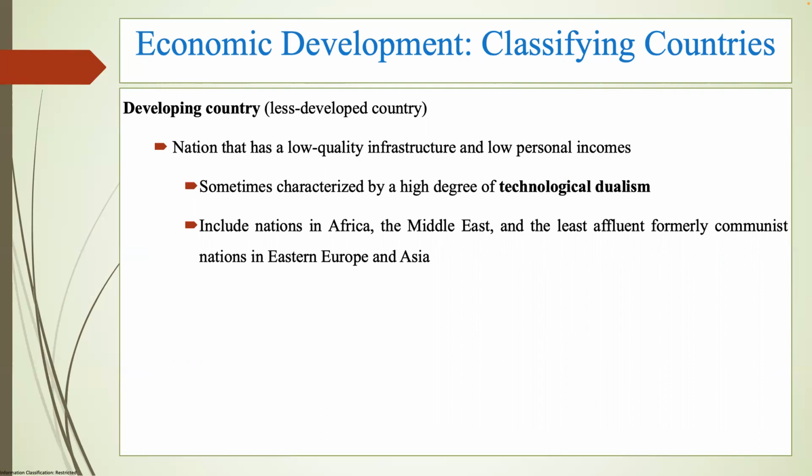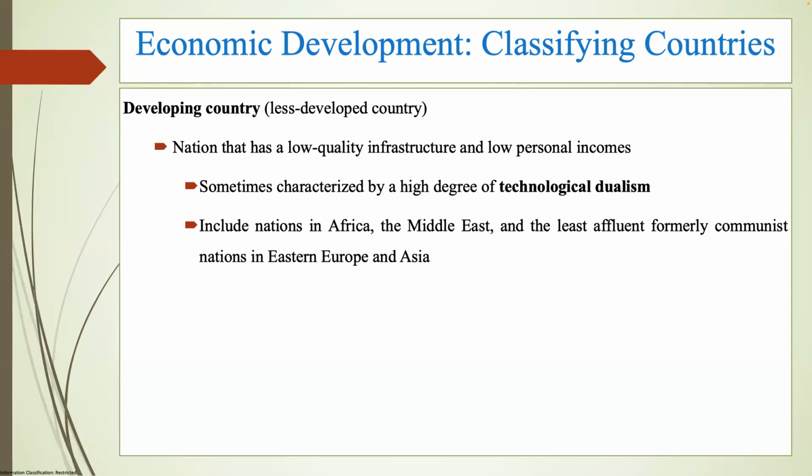They might show potential for becoming emerging markets, but typically lack the necessary resources and skills to do so. Developing countries and emerging markets as well are sometimes characterized by a high degree of technological dualism. And what is technological dualism? That is the use of the latest technology in some sectors of the economy coupled with the use of outdated technology in others.